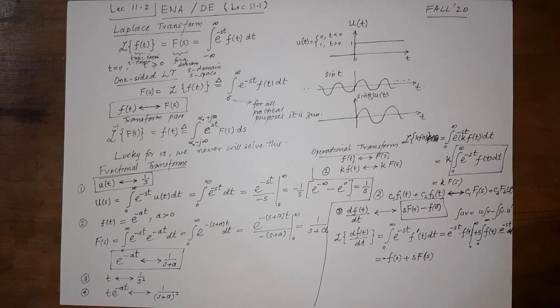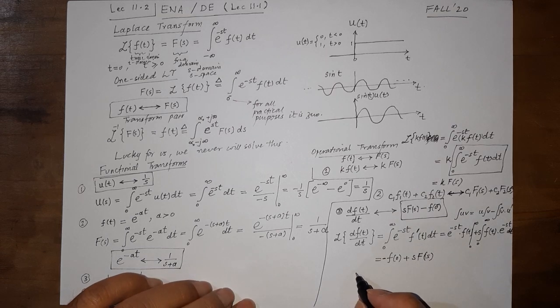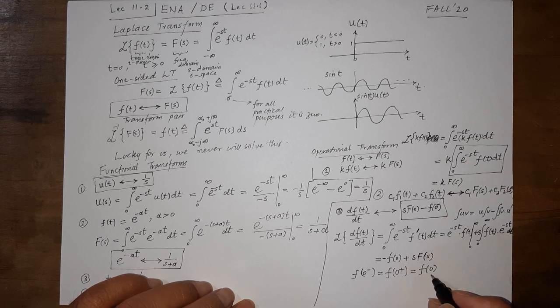But sometimes we have to be careful. Sometimes f(0 minus) is equal to f(0 plus). So there it does not matter whether we write f(0) or f(0 minus). For example, the current through an inductor: if this f is the current through an inductor, then at 0 minus it is the same as at 0 plus, because an inductor resists sudden changes in current, and likewise the voltage across a capacitor.